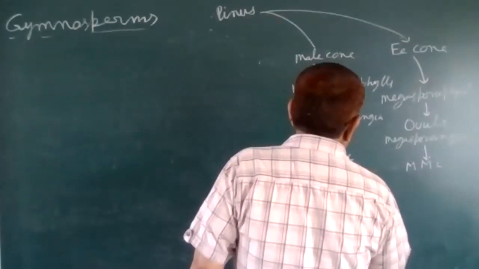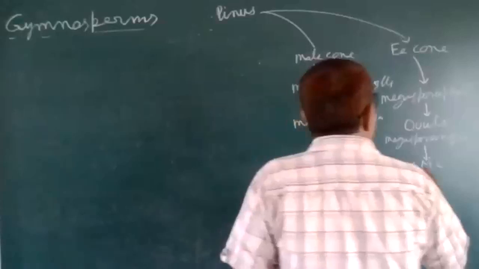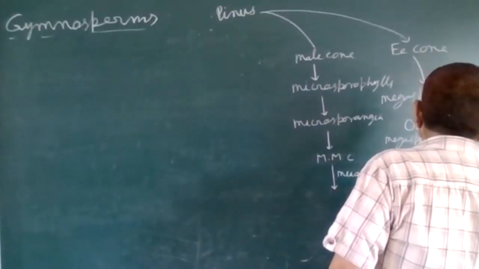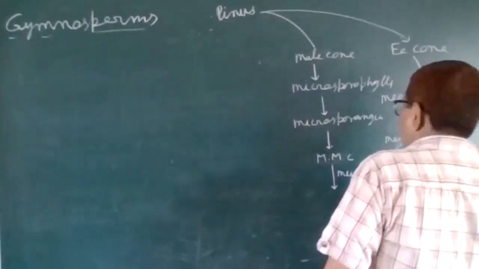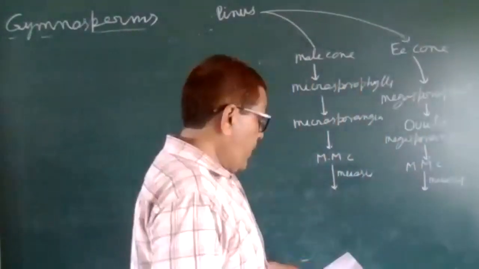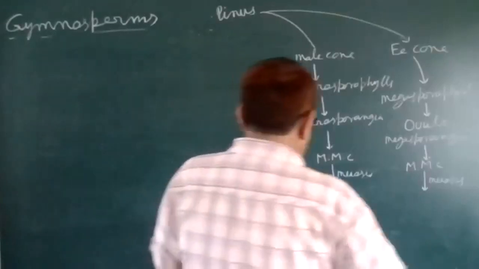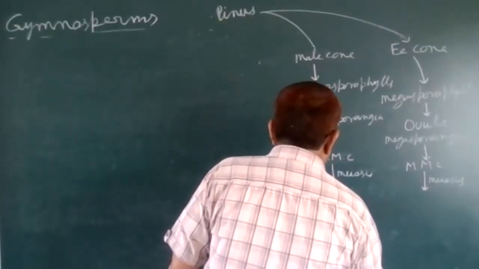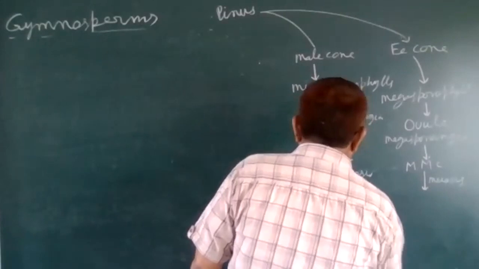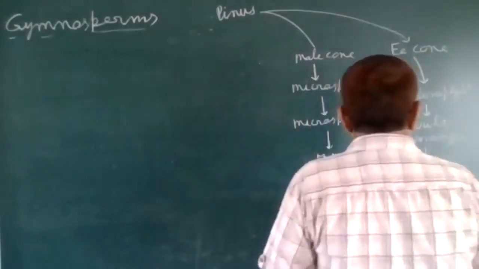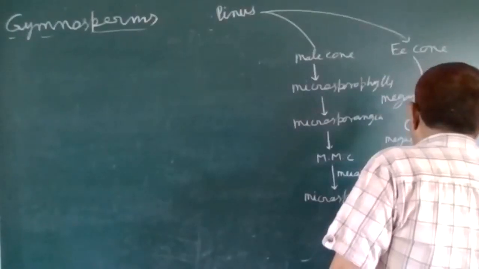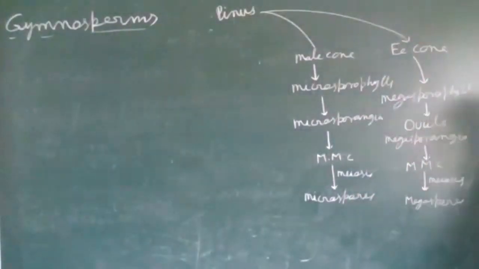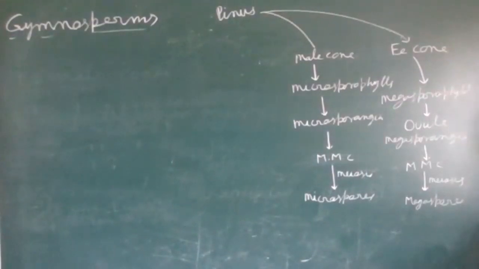Meiosis cell division takes place, and as a result of meiosis cell division, microspores are produced, and here megaspores are produced.